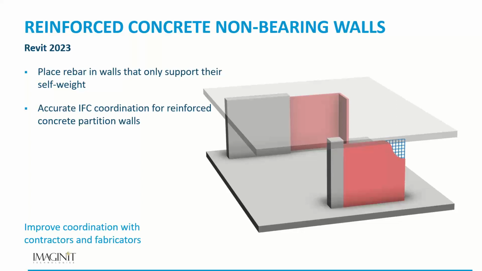And there wasn't a really good way to do this. You'd have to designate it as bearing, and then you could add rebar. Now you can turn it into a structural wall, designate it as non-bearing, and then you can add whatever reinforcement needs to be added in that. So you're also going to see, I'm just going to throw this out here, we'll talk about it again later, but we have the ISC coordinations with all of this. This is also a new feature.